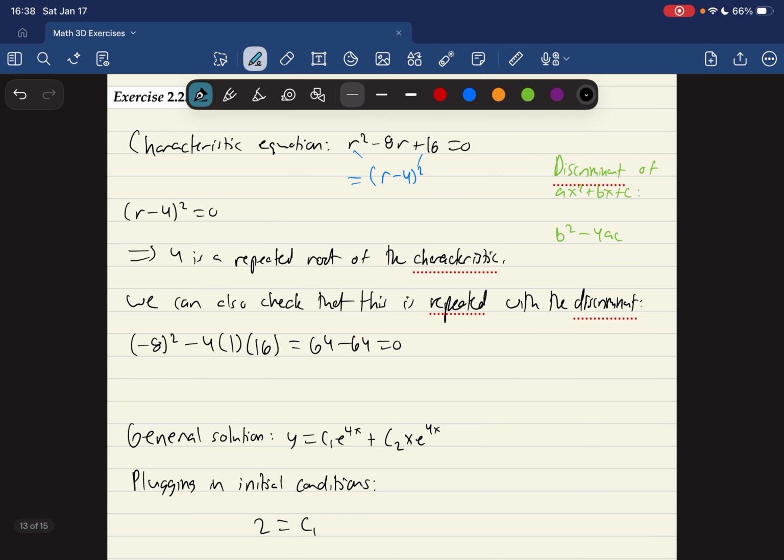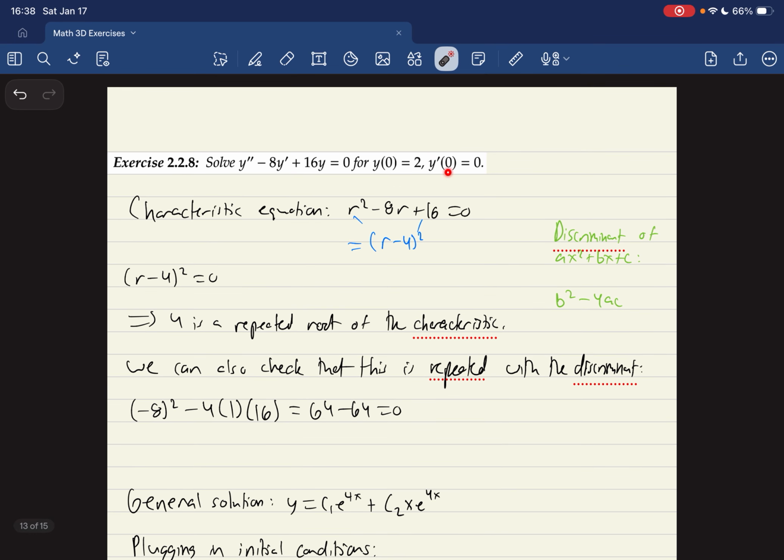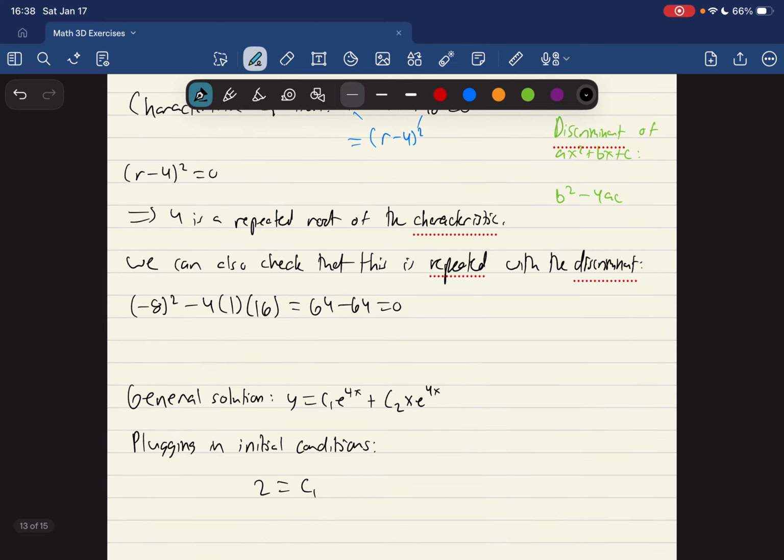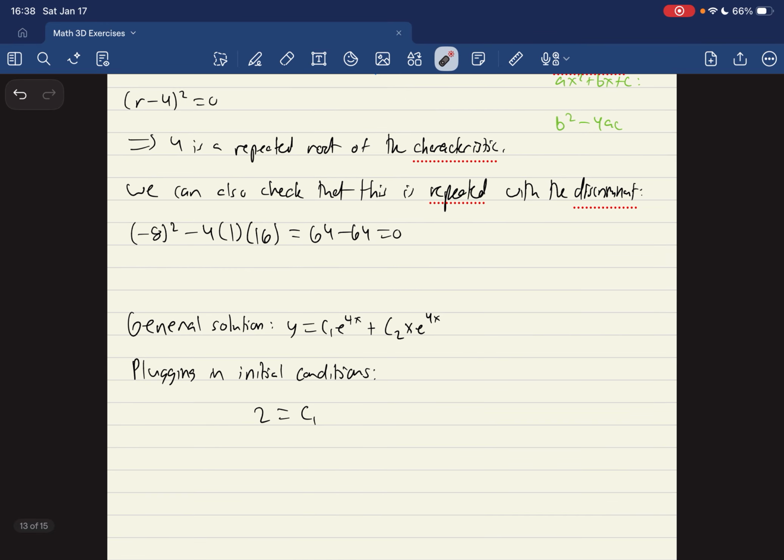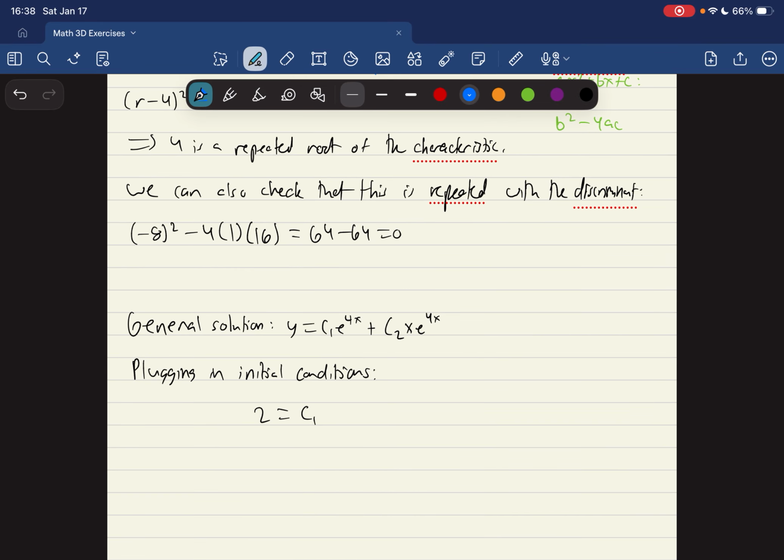To plug in the next condition, though, notice that we have this y prime. So first we have to find what the derivative of our general solution is. And I'm going to write this in blue. y prime is going to be, just doing the chain rule, 4c1 e to the 4x plus c2, and here we need to use the product rule, e to the 4x plus 4x e to the 4x.